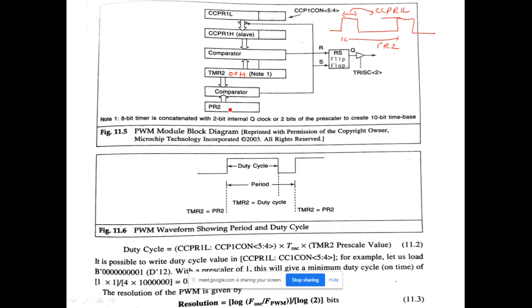Then you will be loading some count n in the PR2 register. Suppose that count is n, the count for the period T, NT. Now as this timer runs, when this count becomes equal to this, the comparator will compare that. When it finds this match, the output of the comparator will set the flip-flop. Right? So the flip-flop will set, that means the output will go high.